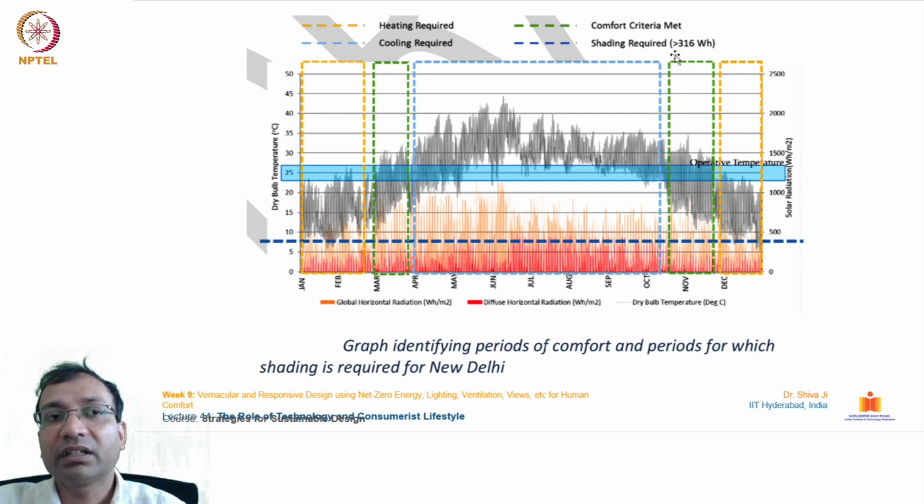This is how it is mentioned, at which time, which month of the year, what kind of conditions are prevalent and what needs to be done. And with this dark blue dotted line, it is shown that shading is needed. You can see that once the temperature rises above 16 degrees centigrade dry bulb temperature, some kind of shading is expected to be necessary in this city of New Delhi.